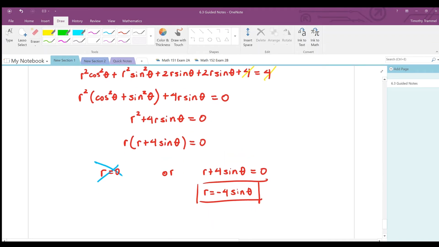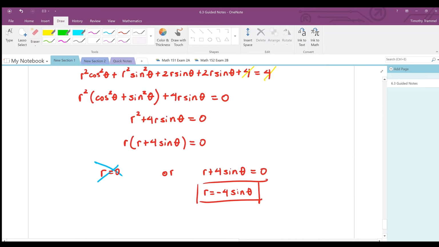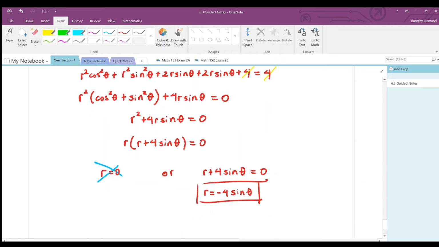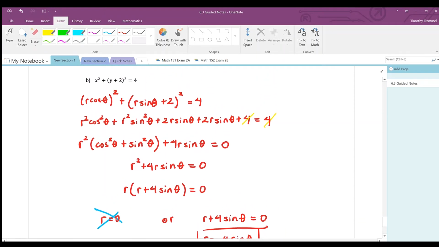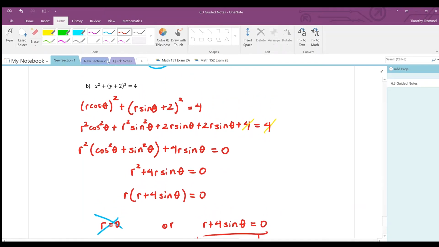If you wanted to verify this, you could graph these both on your calculator, one in polar and one in Cartesian coordinates, and they should give you the same graph. And they should both be a circle, right? See if we remember what this is.